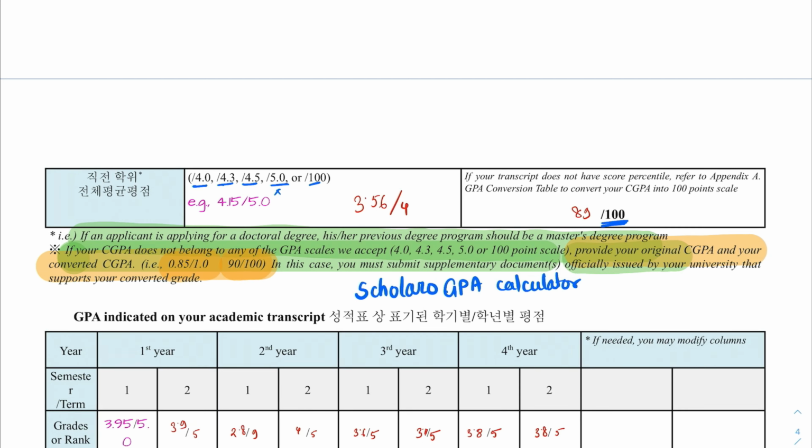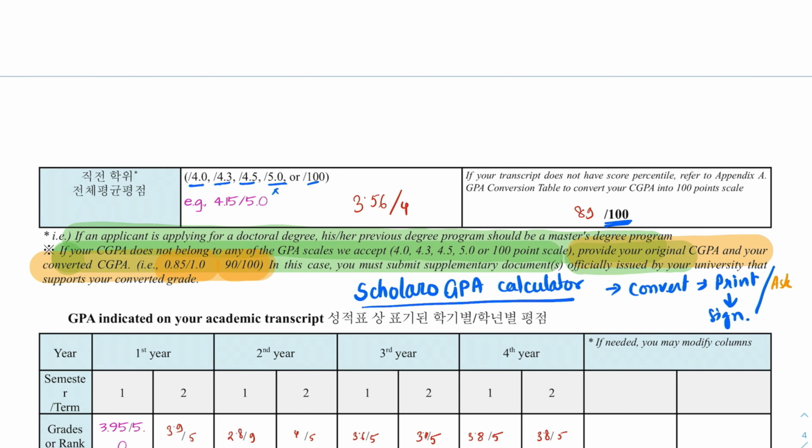You can go to the Scalero GPA calculator. There you convert your marks, and then you get a certificate, and you print it out and take a signature from the university. Ask your university to give one bona fide letter showing your grades. I keep this option for me.